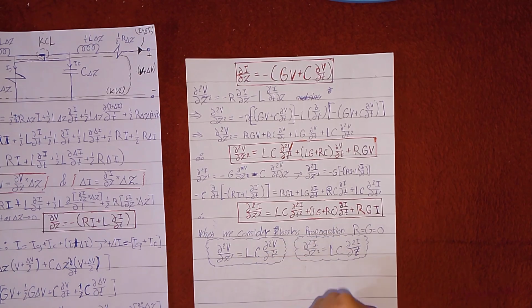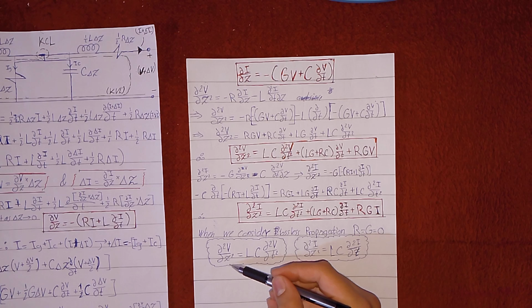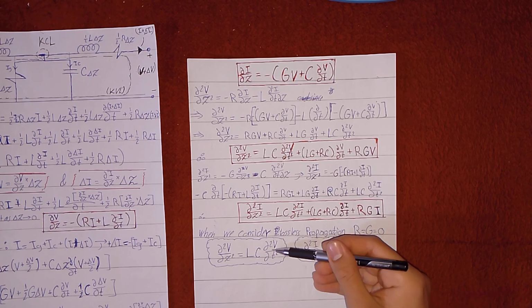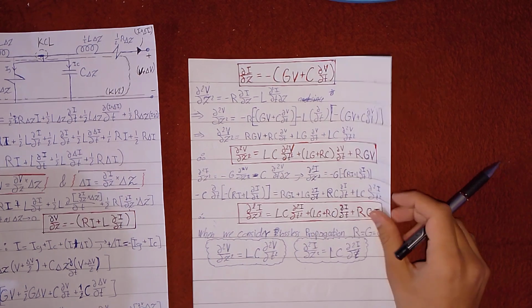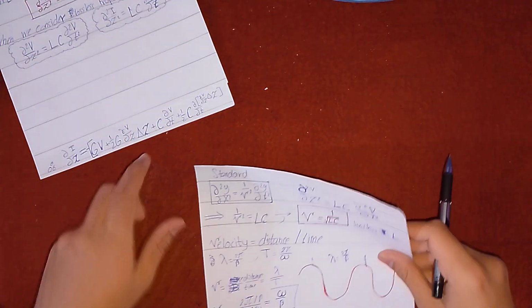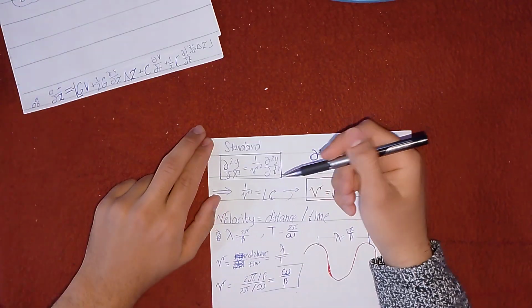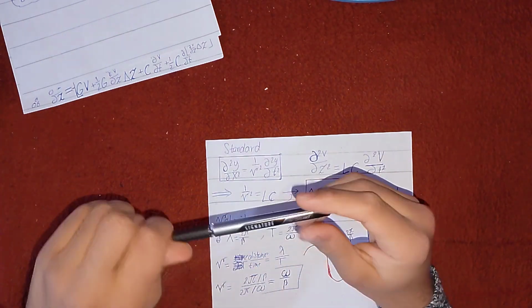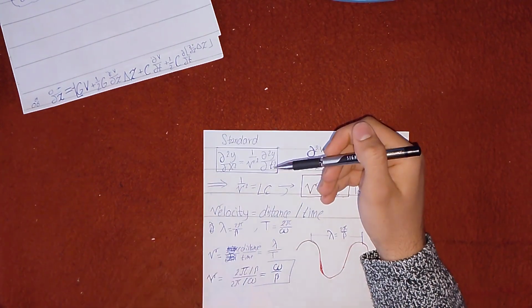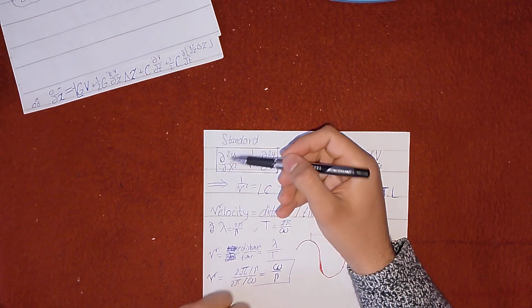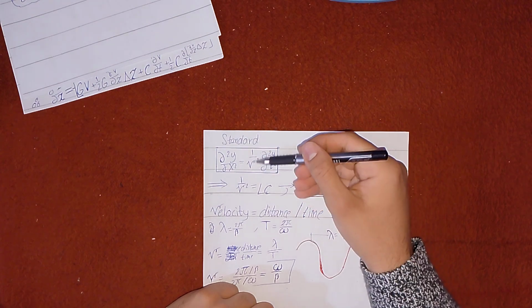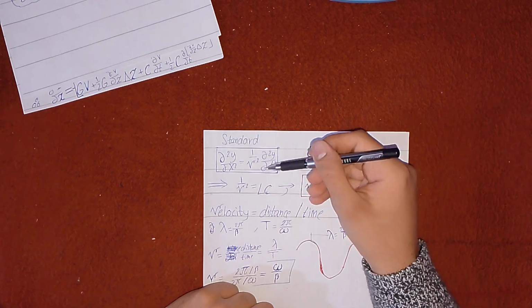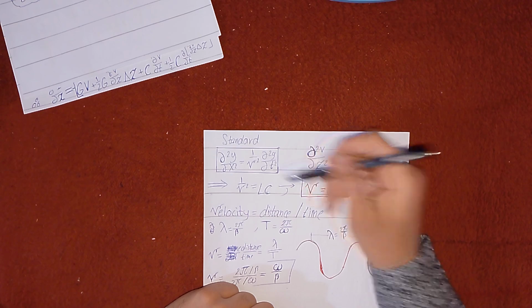The first one: the second partial derivative of the voltage with respect to the distance is equal to the inductance times the capacitance times the second partial derivative of the voltage with respect to the time. In mathematics, the general or standard wave equation that describes all waves says that the second partial derivative of the wave function y with respect to the position is equal to 1 over the wave velocity squared times the second partial derivative of the wave function y with respect to time.